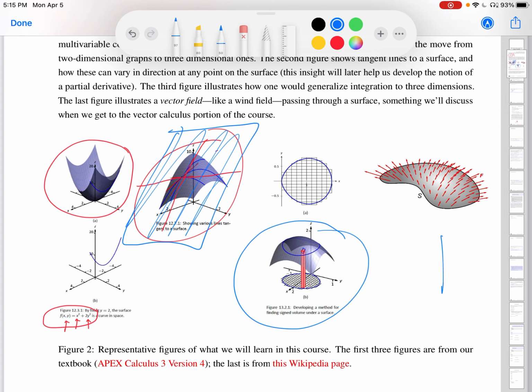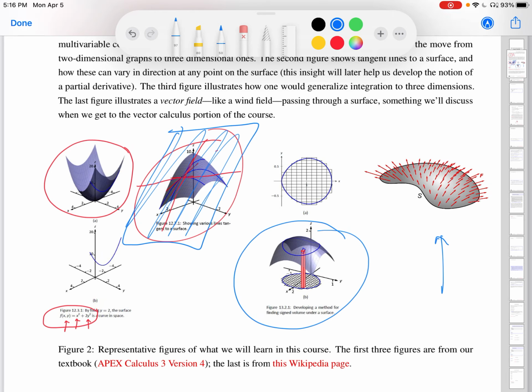And then finally, we will talk about vector calculus at the end of the course. Vectors basically are objects that you can visualize as arrows. They have magnitude and a direction. If you've taken a physics course, or if you've thought about wind fields, for example, or water flow, then you can think of vectors as kind of the direction and the strength at which something is flowing, be it the wind, a magnetic field, water or stream.